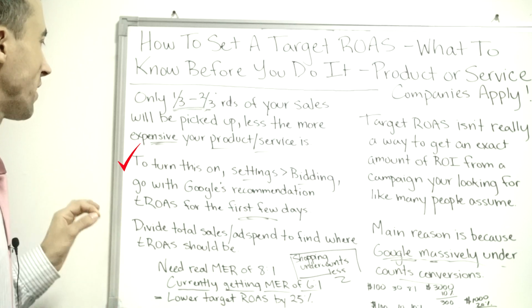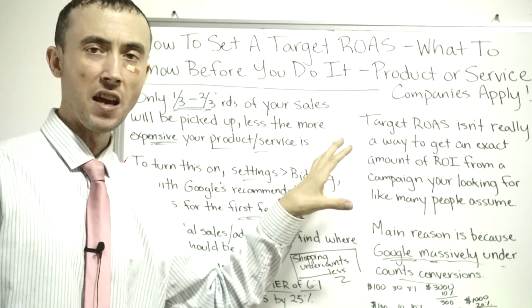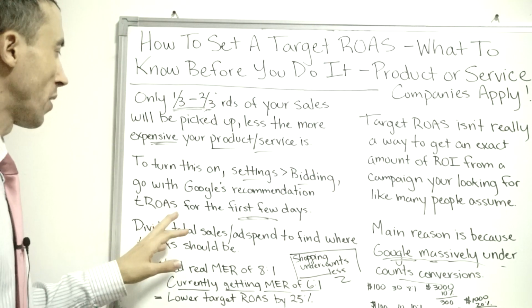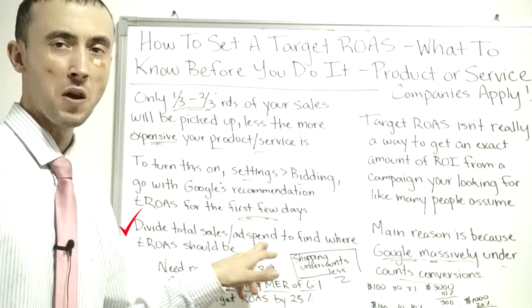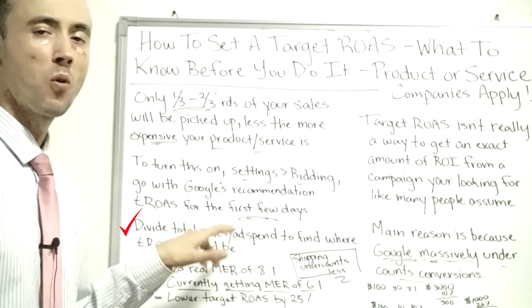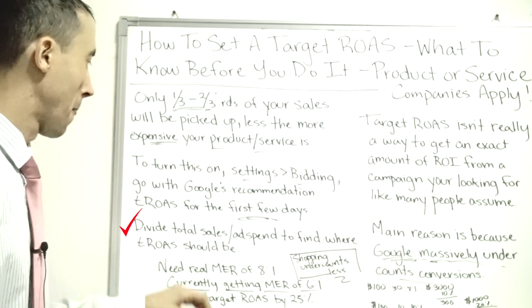So with that said, because Google undercounts the conversions you're going to get, as I mentioned before, what you want to do is divide the total sales at your company by the total ad spend you're spending on Google Ads to find where your tROAS or target ROAS setting should actually be.